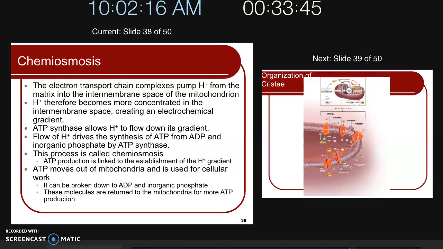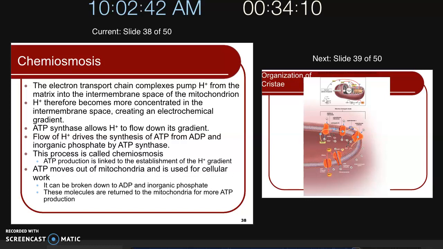This process is called chemiosmosis. The ATP production is linked to the establishment of the hydrogen ion gradient. ATP moves out of the mitochondria and is used for cellular work. So the ATP is being produced through this chemiosmosis because there's an electrochemical gradient that the hydrogen ions are passing through.